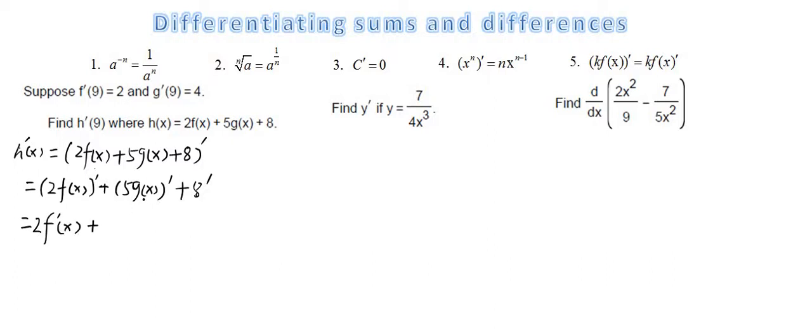Similarly for the second term, we have 5 times g(x) prime, and for the third term we apply the constant rule. The derivative of a constant equals 0. So basically we're gonna get 2f(x) prime plus 5g(x) prime.